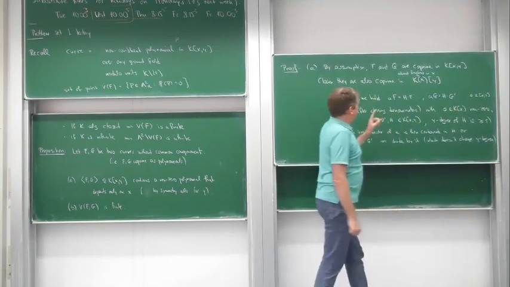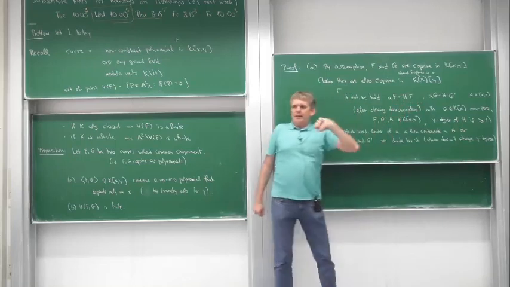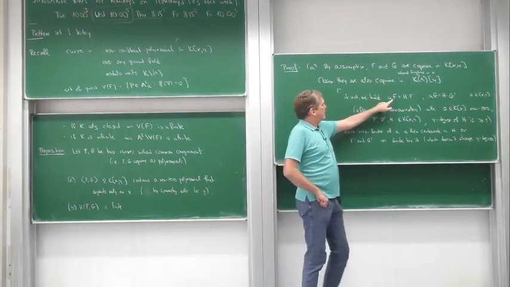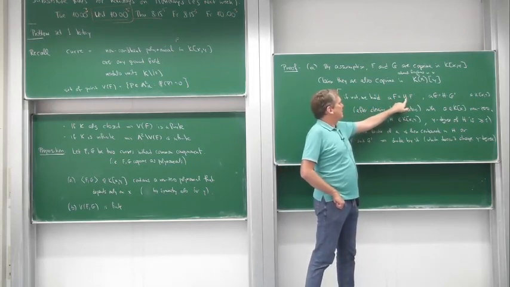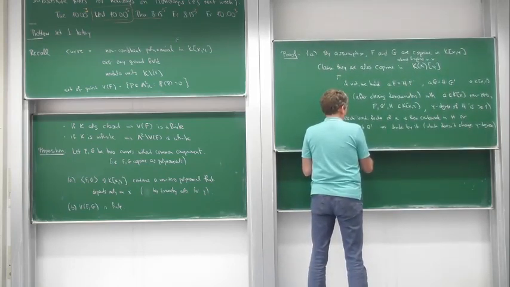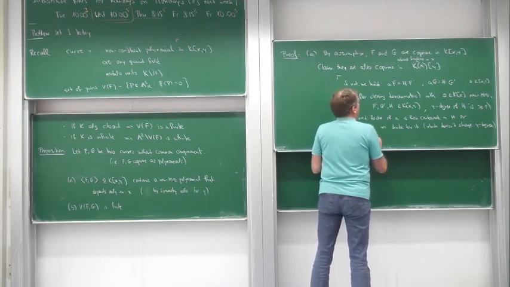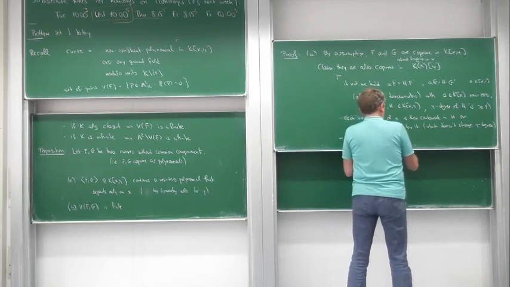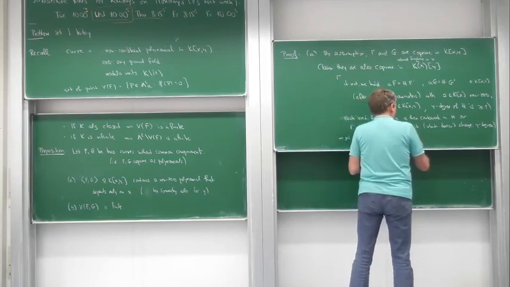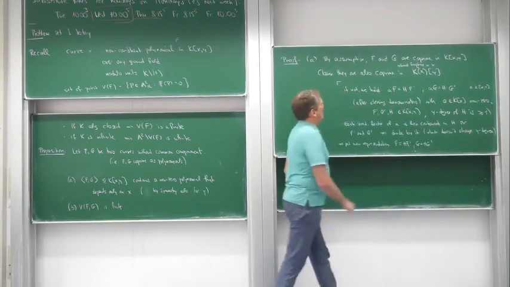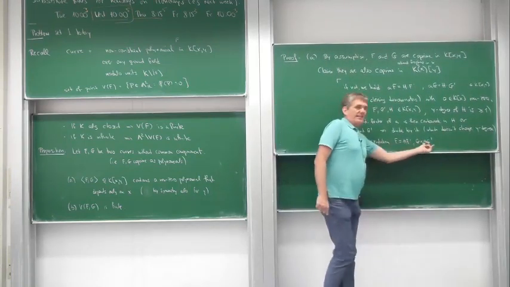And that means after relabeling h, f prime, and g prime, I can essentially assume that this a is 1. So all of these factors I put in here and divide by those factors. So I'll get a new representation of the form f is h f prime, g is h g prime, with the y degree of h still being at least 1, and these are now all polynomials.